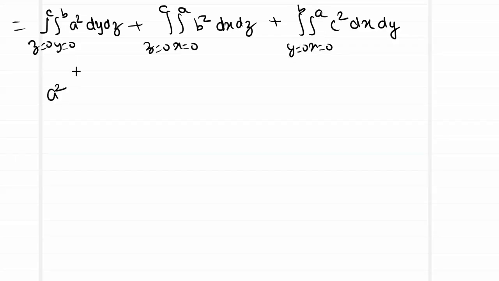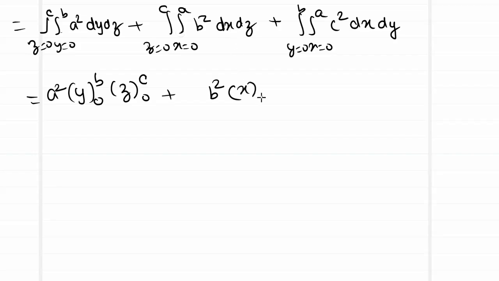A square is a constant. Integral dy will give me y between 0 to b. Integral dz will give me z between 0 to c. Next term, b square is a constant. Integral dx will give me x between 0 to a, and integral dz will give me z between 0 to c.